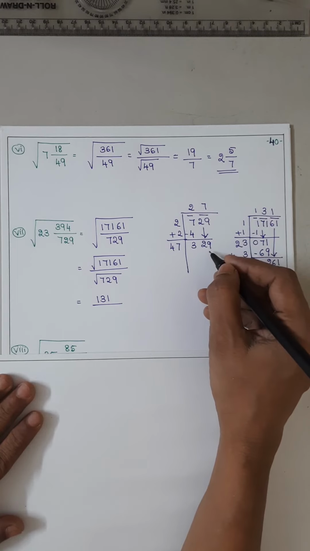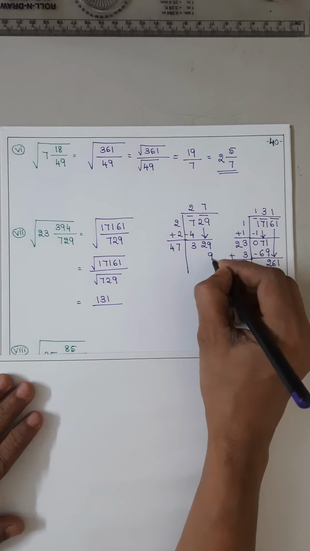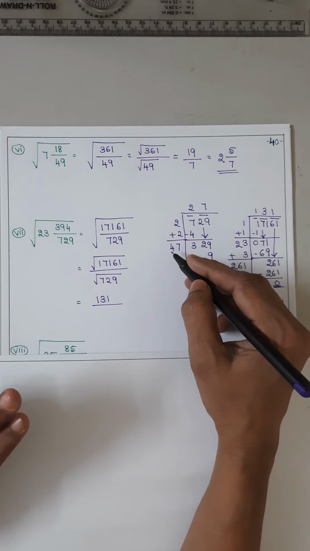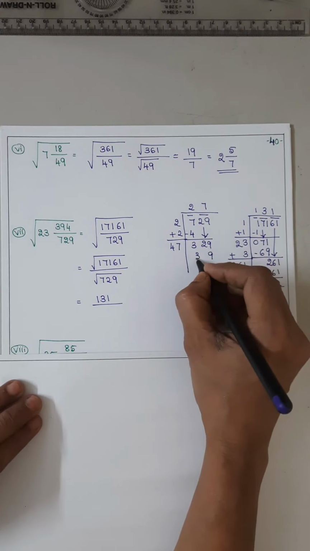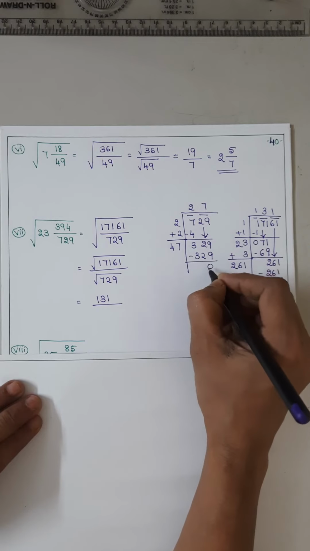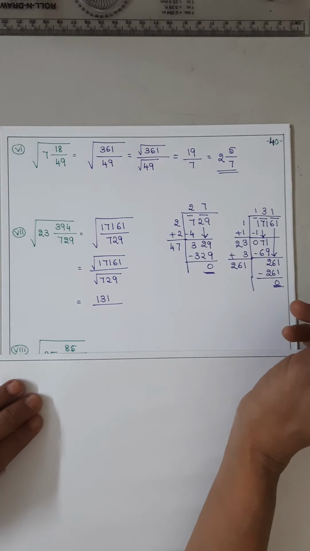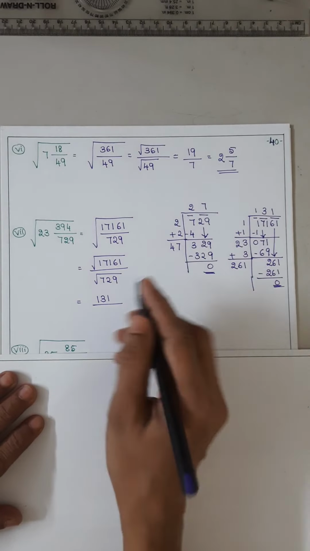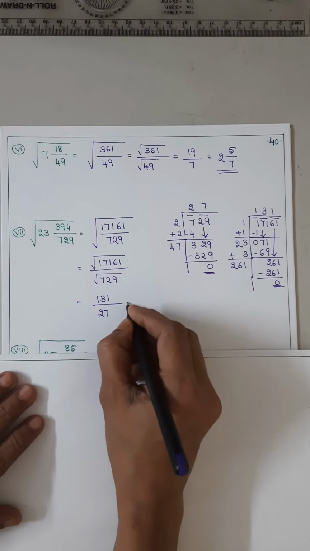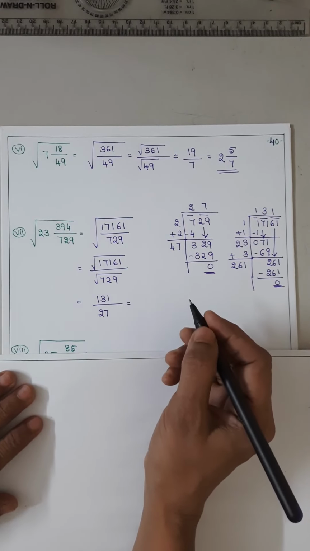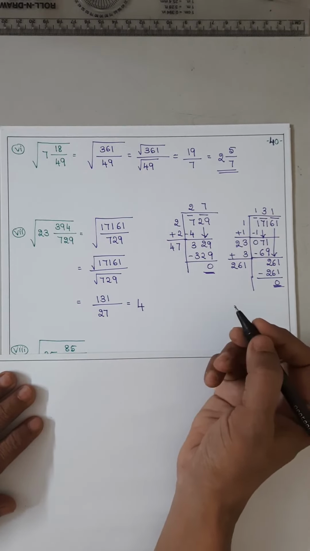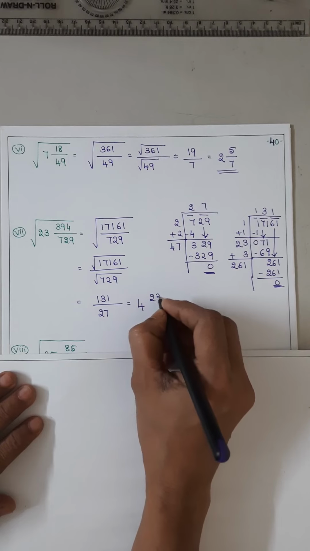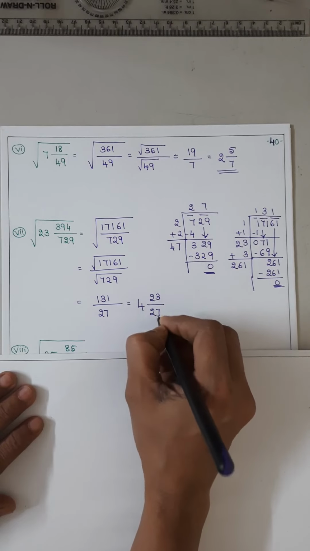So 7 7s are 49. 7 fours are 28, 29, 30, 31, 32. If it is a perfect square ending, you can identify the number. So it is 27. Now convert into the mixed number. So 27 fours are and 23 remains upon 27.